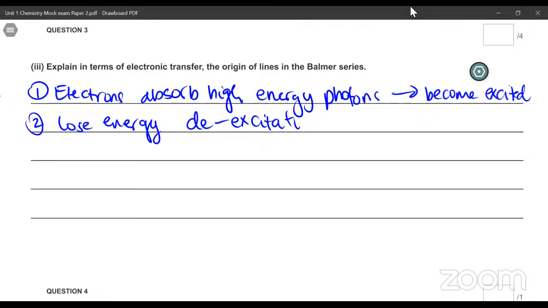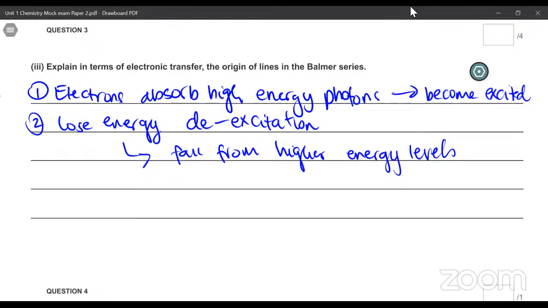And through this, we can observe the spectral lines in the Balmer series when electrons fall from higher energy levels. It's also fine if you say quantum levels, right? To the n equal to 2 quantum level.